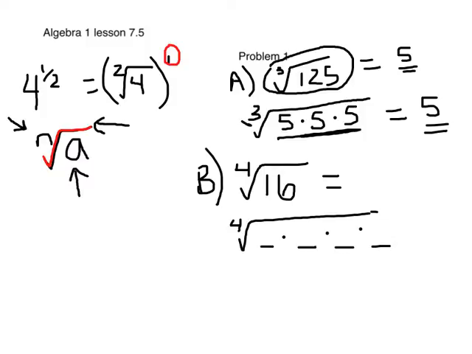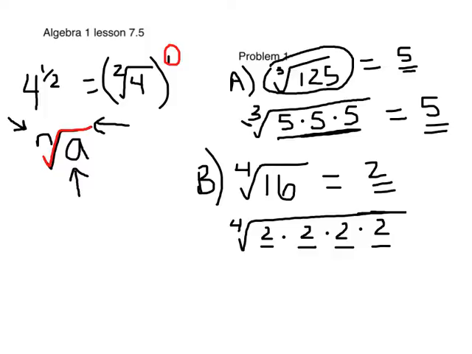Since 16 isn't the biggest number, I want to start small and ask myself, would 2 work? If 2 wouldn't work, then I would try 3 and so on. But it just so happens that 2 works. So our answer is 2.